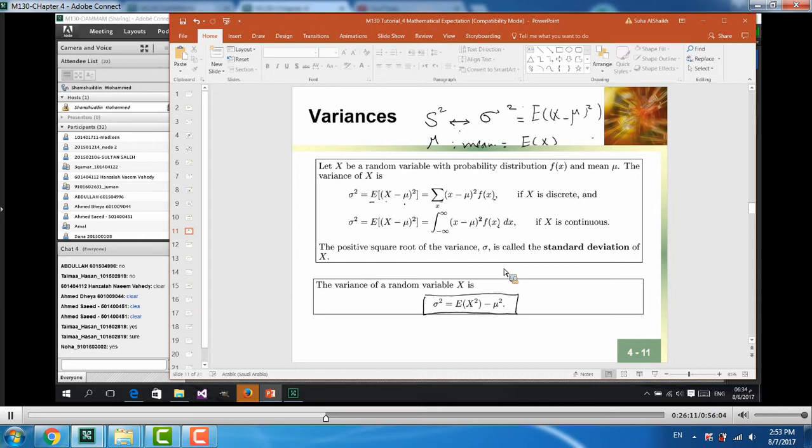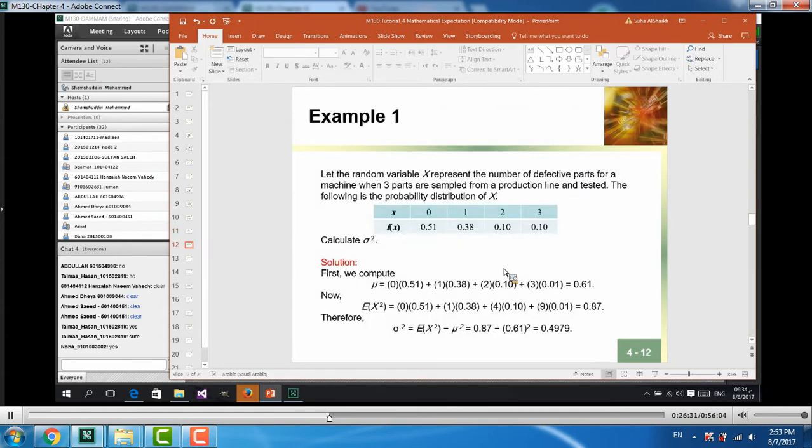Another way to find it, which is actually the famous and easiest way to find the variance, is by finding sigma squared as the expectation of x squared minus mu squared. This is the easiest way to find the variance, by finding the expectation of x squared, then subtracting the square of the mu that we have already. Let's see an example to understand.